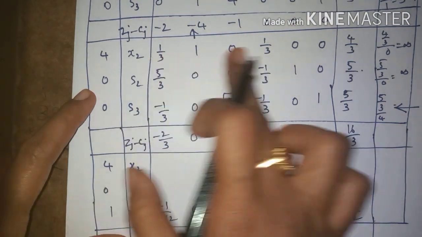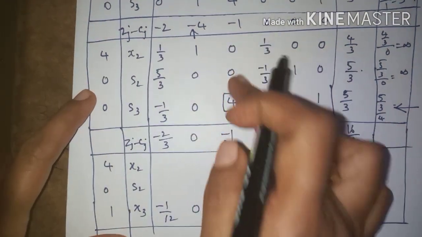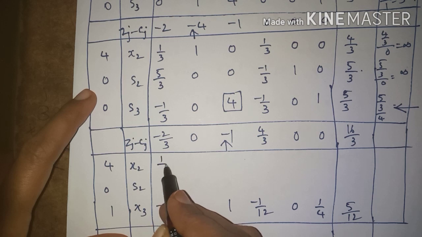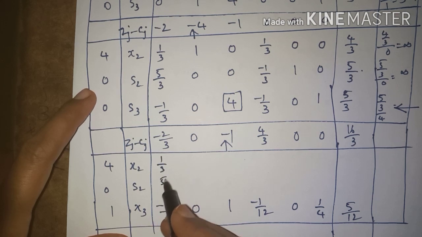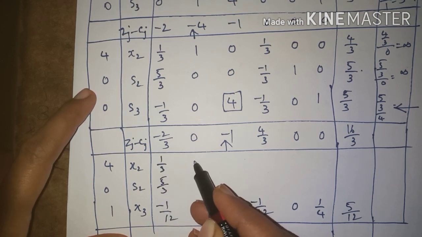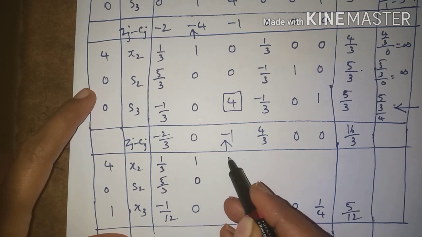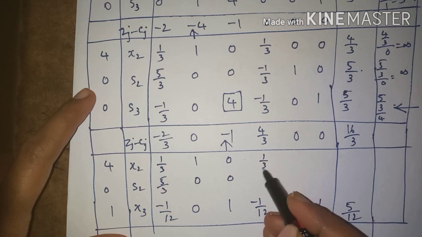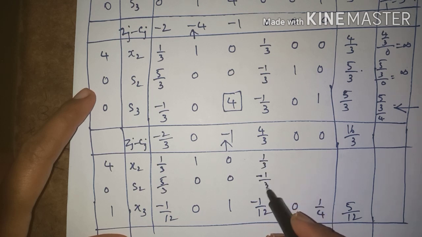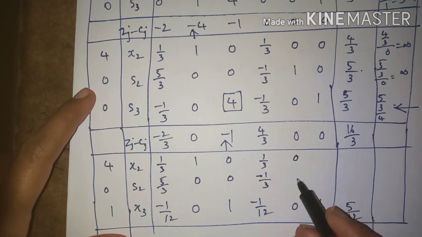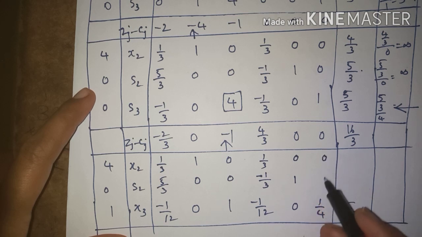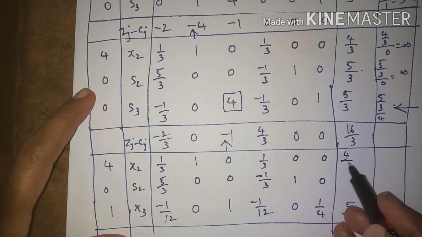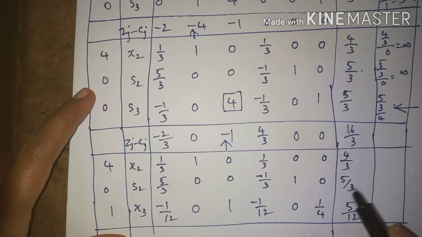These two rows I will write as they are, because zeros already occur. 1 by 3, 5 by 3. 1, 0, 0, 0. 1 by 3, minus 1 by 3. 0, 1, 0, 0. 4 by 3, 5 by 3.